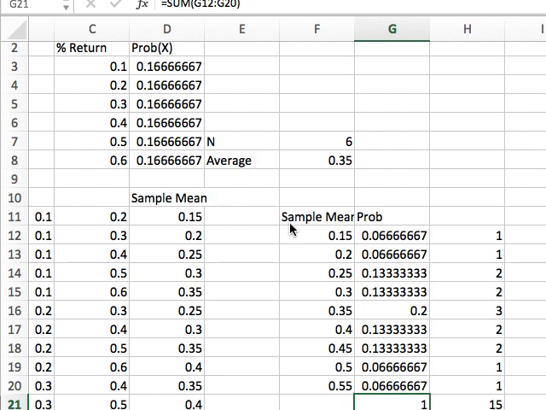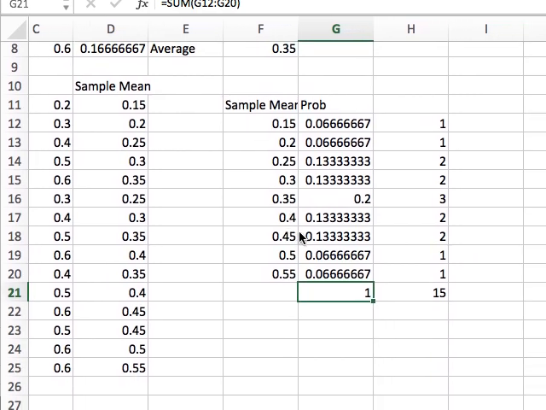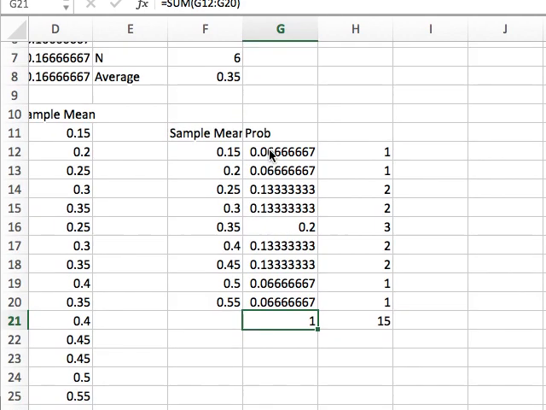Now, aside from knowing how to construct the sampling distribution of the sample mean, you also have to know how to interpret it. For example, if we look at this row, we have 35% for the sample mean and the probability is 20%. You should be able to interpret these values. So how do we interpret this?